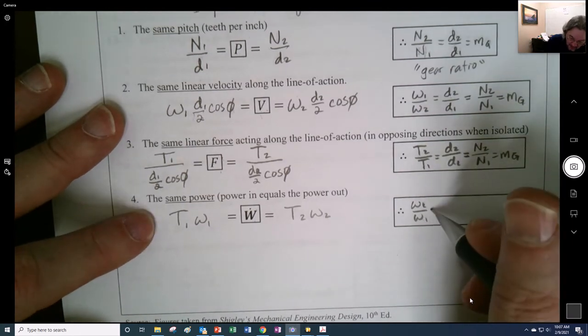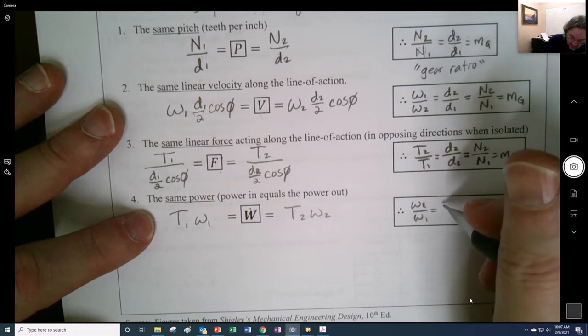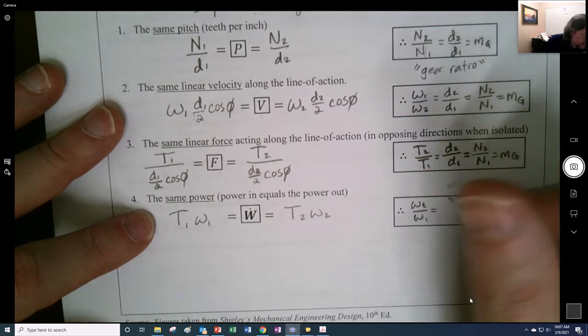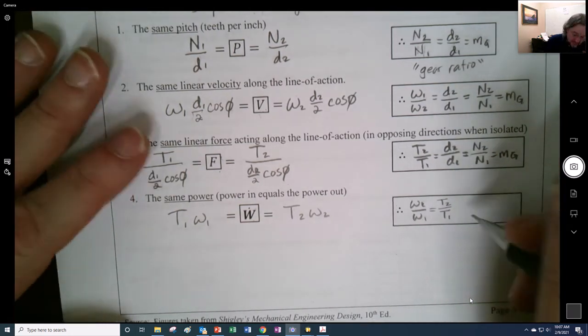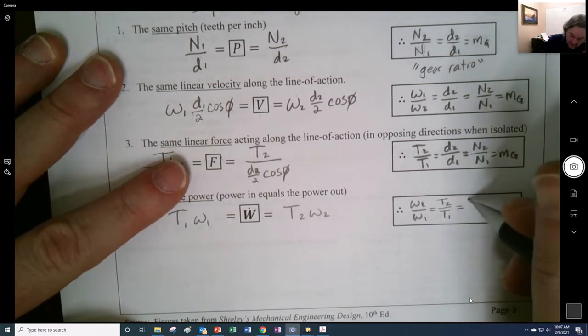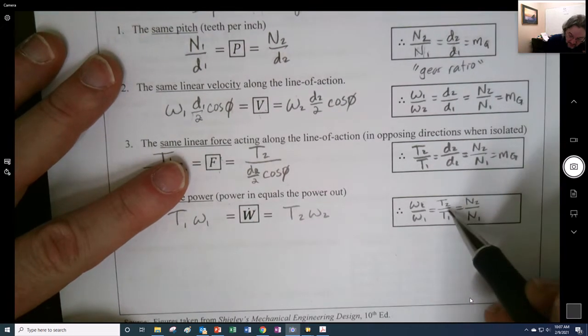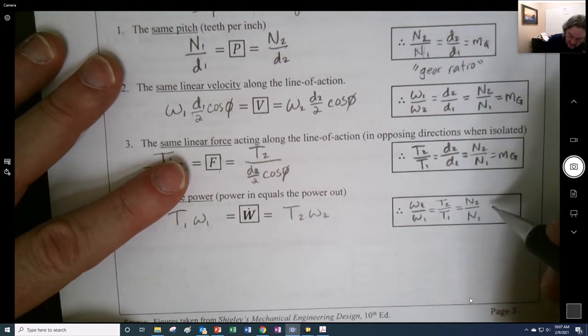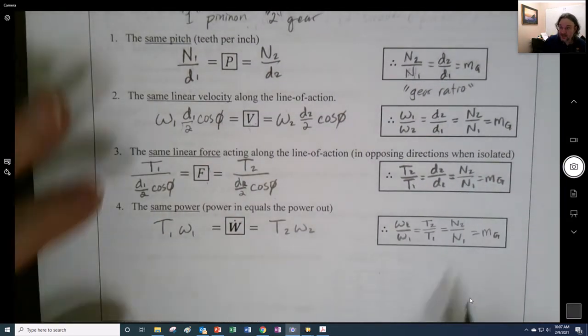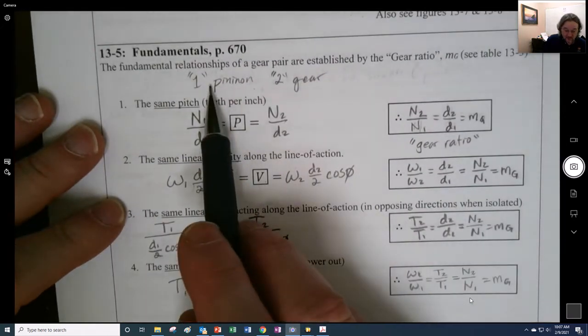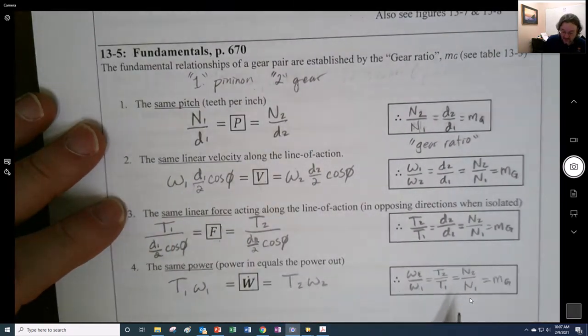So now you're going to have the output torque divided by the input torque right here, and so we have 2 to 1 here, 2 to 1, and that's going to be the gear ratio right there. So it reduces speed and it increases torque from this pinion to this gear right there.